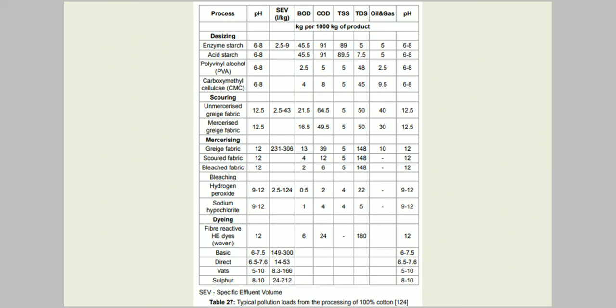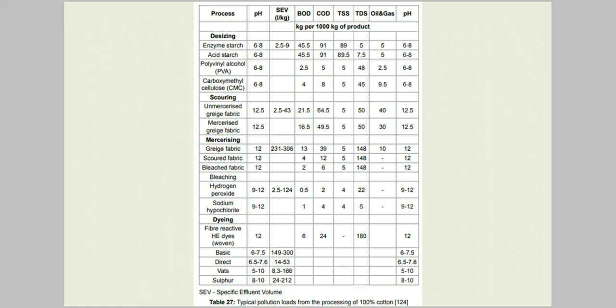In reactive dyes, the pH is alkaline. Basic dyes are about 6 to 7.5, and you can see in the table sulfur dyes have 8 to 10 pH. So these are the effluent characteristics for cotton processing effluent.